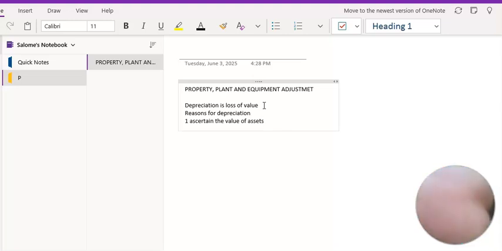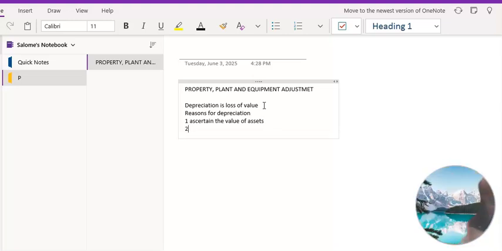Another thing is to ascertain the correct net profit. You know, depreciation is deducted from the gross profit, and therefore as we deduct, we get the net profit. So if we don't put the correct figure, we will have a different net profit.